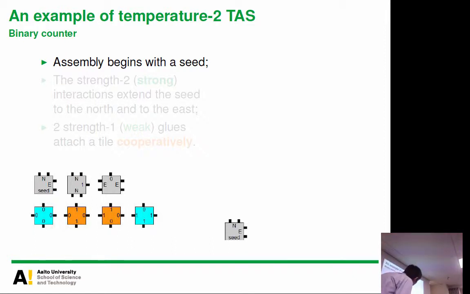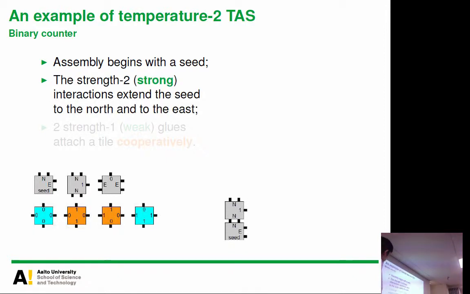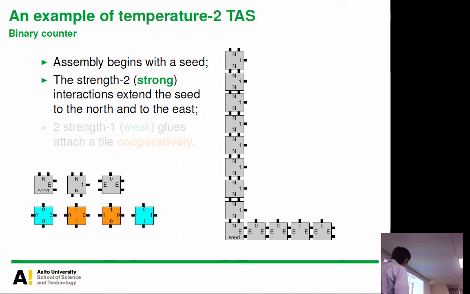Now we have this seed with north and east strong glue. So for example, this tile can attach here because it has N to the south and it can match with this N, and the strength is enough, so they can attach here, here, like this. We get this L shape.